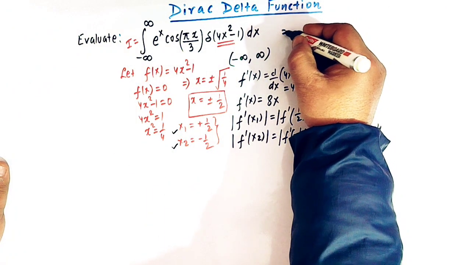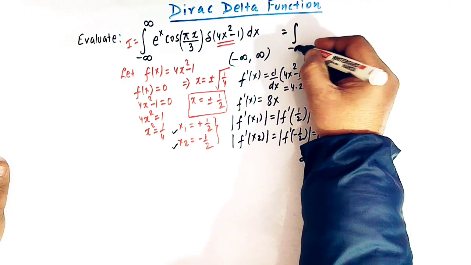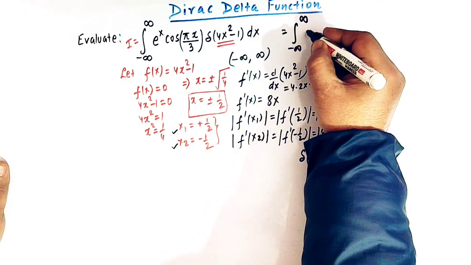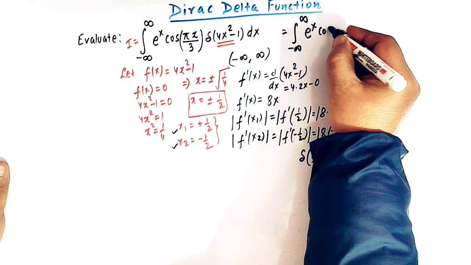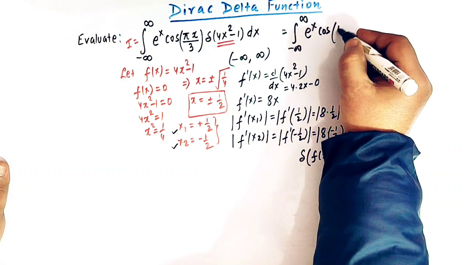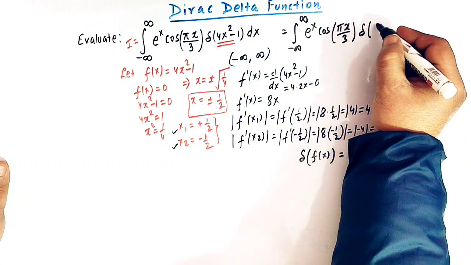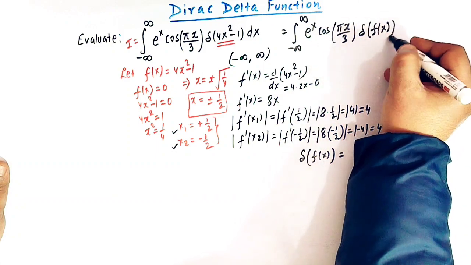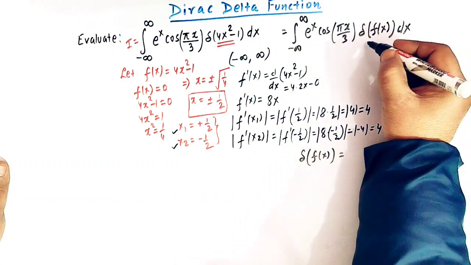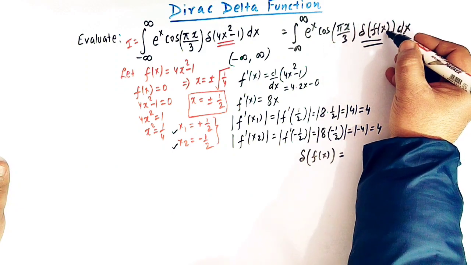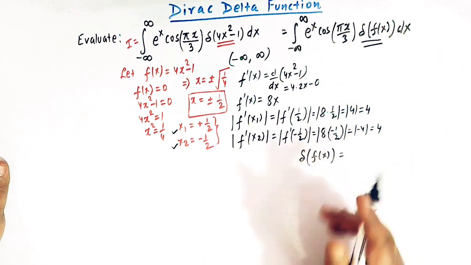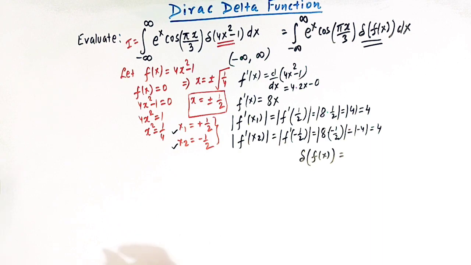So this integral is now equal to integral from minus infinity to infinity of e raised to x cosine of pi x over 3 and delta of f of x. So now let us consider delta of f of x with the help of an important property of the delta function.